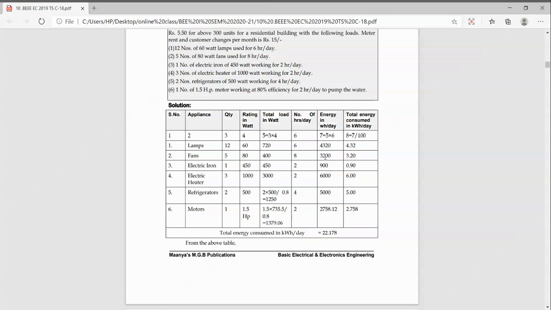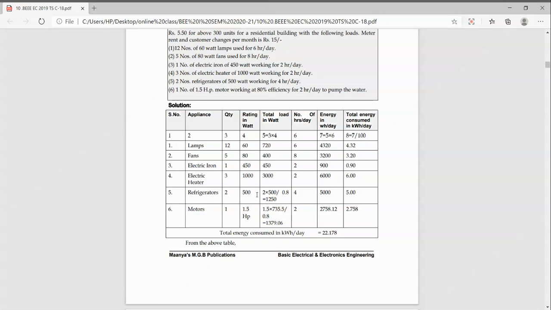Likewise, one electric iron of 450 watts working for 2 hours. So total is 900 watt hour, that is 0.9 kilowatt hour. And 3 heaters, each of 1000 watts, 3000 watts, for 2 hours. So it is 6000 watt hour, that is 6 kilowatt hour.